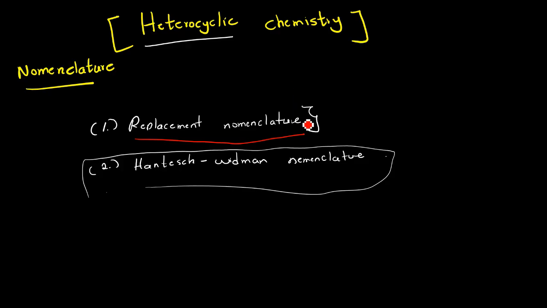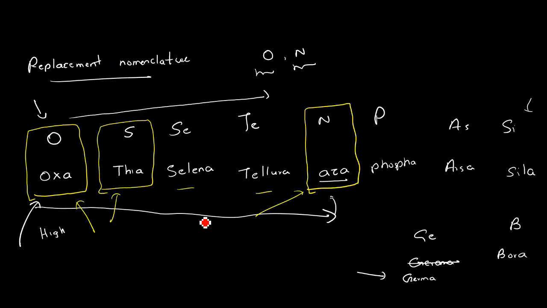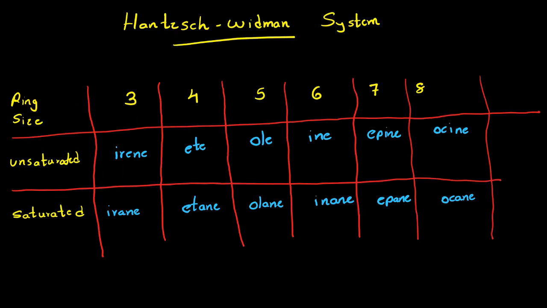And now in this video, we are going to talk about the Hantzsch-Widman nomenclature. It's a little bit hard for me to pronounce this word, so don't mind it. This is more like a standard method compared to our previous replacement nomenclature method.